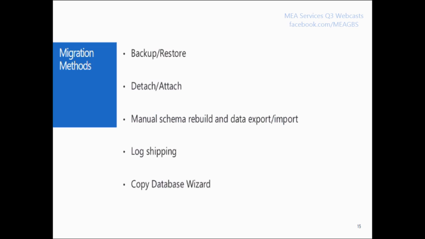So, for example, if you have something like an 8 hours maintenance window, and it takes you something like 12 hours to do a backup and a restore, you will exceed the maintenance window and the server might stay down. However, what you can do is log shipping. You can start the log shipping, and what it will do is ship to the new direction, where the starting point could be your old server, and the end point could be your new server. So log shipping is a nice way to handle, for example, a migration method.